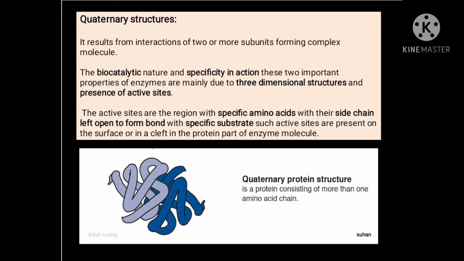The active sites are the regions with specific amino acids with their side chains left open to form a bond with a specific substrate. Such active sites are present on the surface or clipped in the protein part of the enzyme molecules. While you observe the quaternary proteins, there are so many folds, and at the terminals the chains are left open to form a bond with a specific substrate.